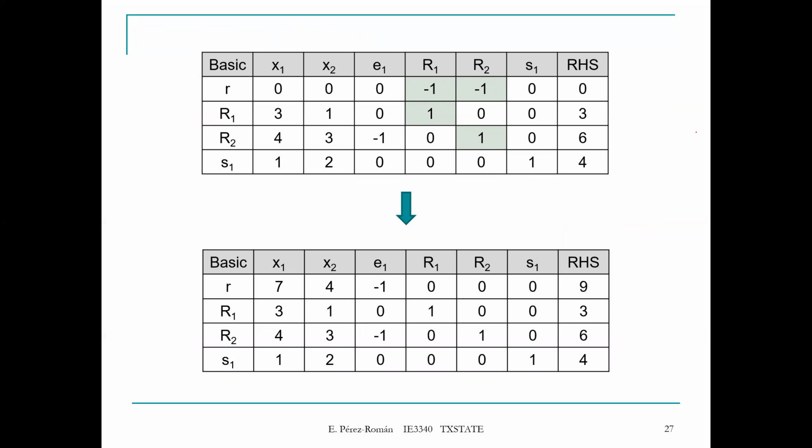So the new tableau, after performing those operations, has these coefficients in row 0. These are the new coefficients, and as you can see, these two coefficients are now 0, and the value of the objective function went from 0 to 9.